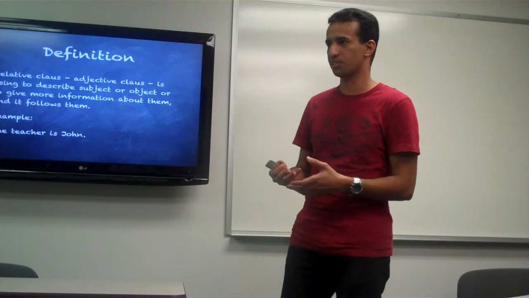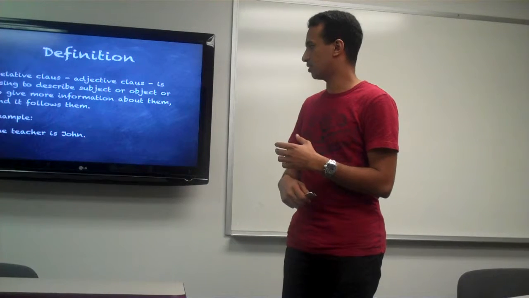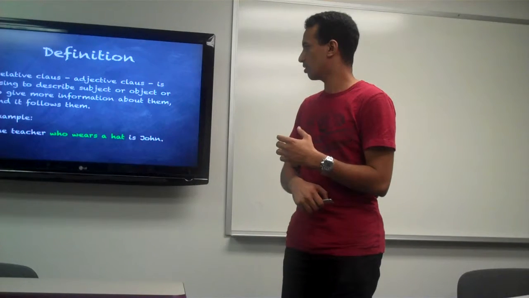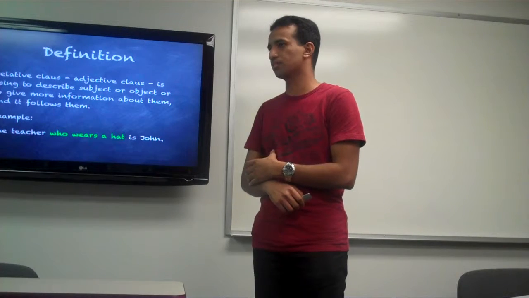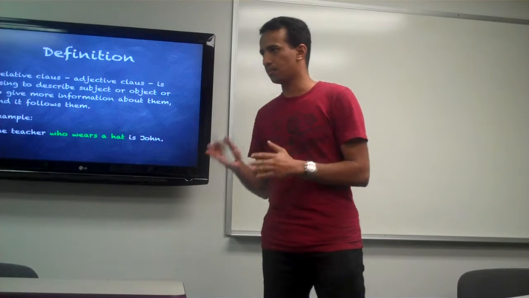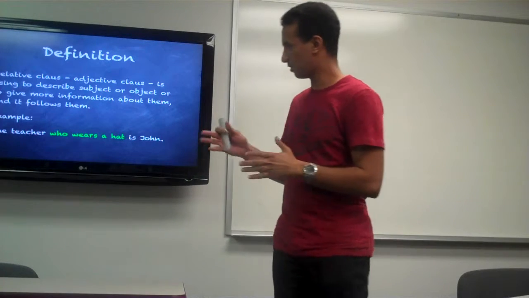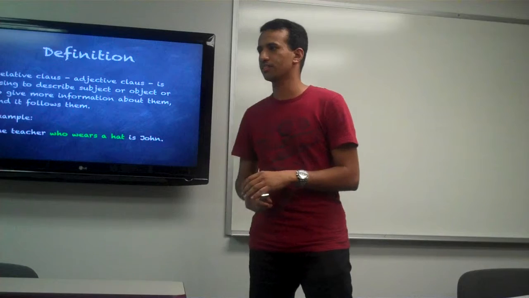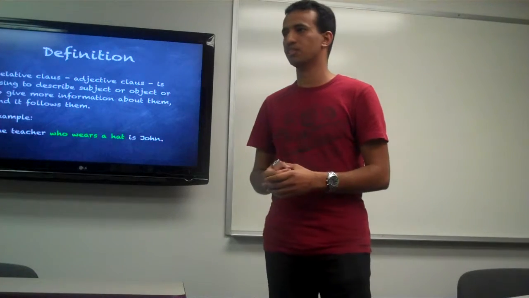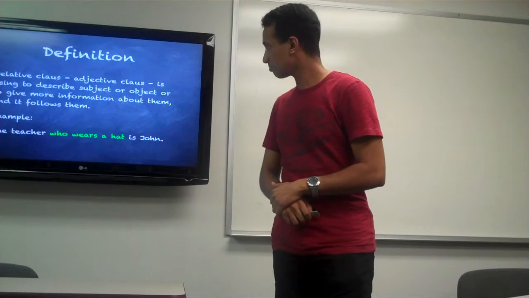We can describe the teacher: the teacher who wears a hat is John. So we describe the teacher with "who wears a hat", not just that teacher, but the teacher who wears a hat.